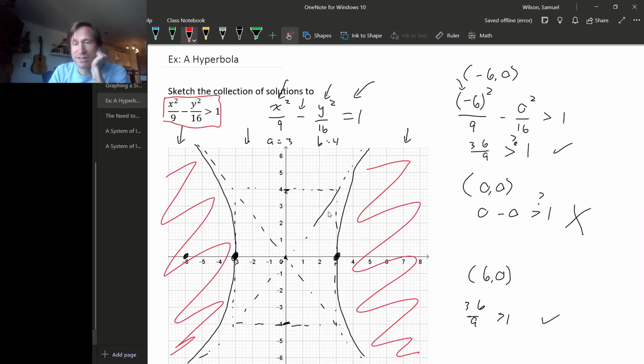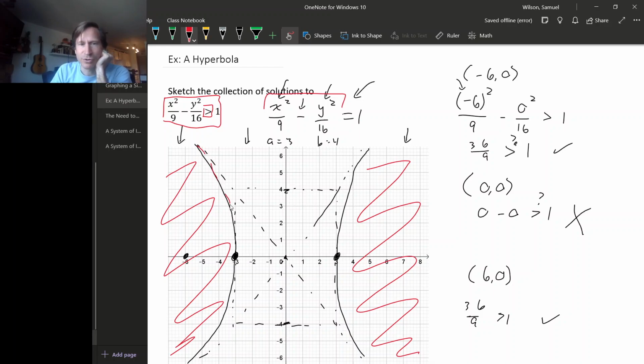Okay, now we have to decide, is the hyperbola itself composed of solutions to this inequality? Well, the hyperbola is where this expression is equal to 1, but for the inequality, we want that expression to be bigger than 1. So on the hyperbola, it's not bigger than 1, it's equal to 1. So the points on the hyperbola do not satisfy this inequality.